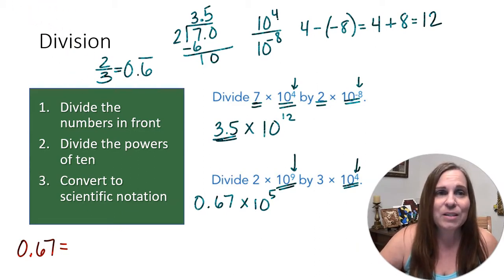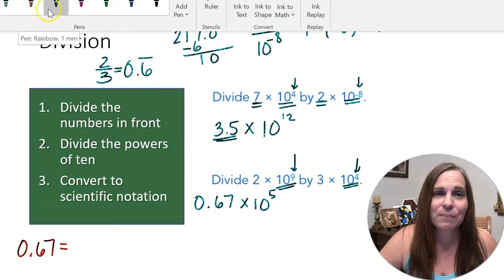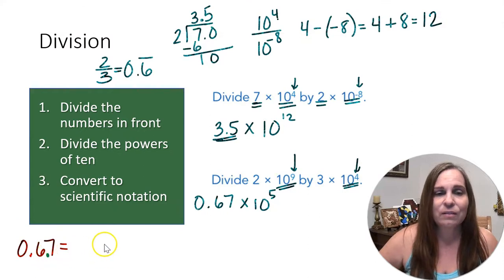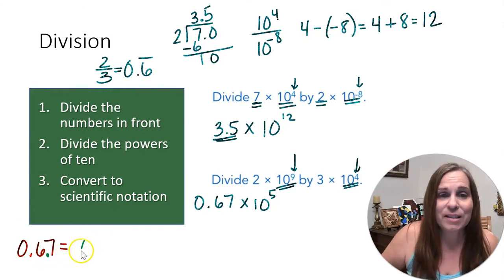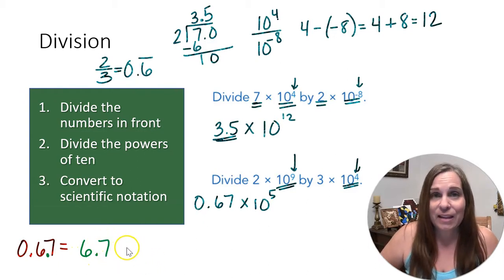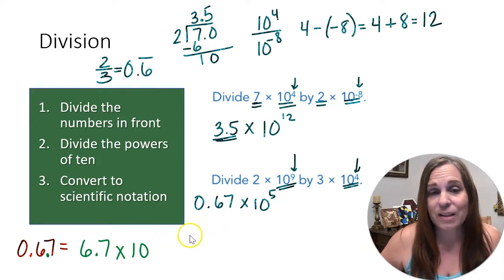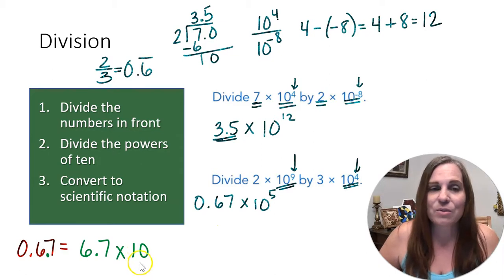So I'm going to place my decimal point right here, so that I have 6.7. Then I have to write times 10, and now I'm going to figure out the exponent, right? That's the setup for scientific notation.